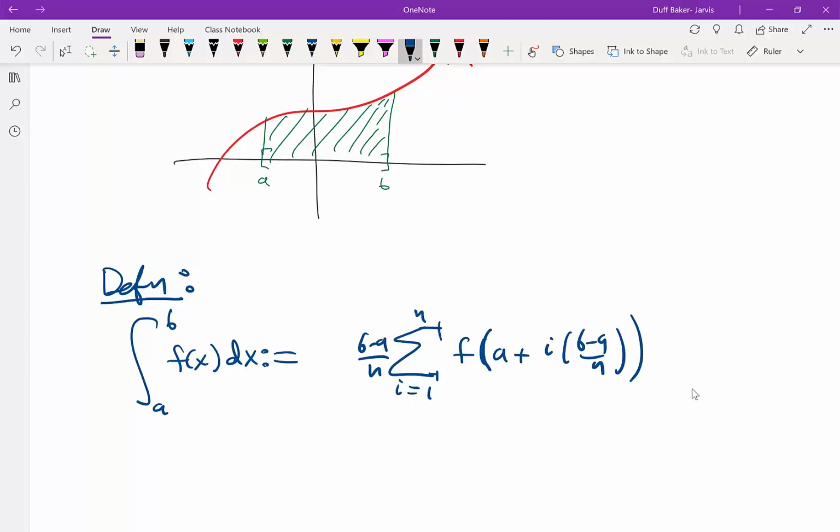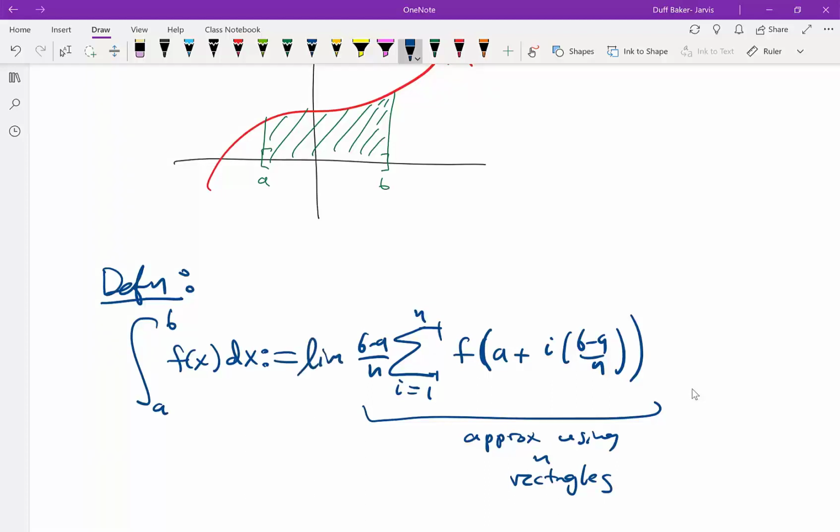So this part would be an approximation using n rectangles. And then to get a better approximation, we make the number of rectangles bigger and bigger. And to get the exact area, we send the limit off to infinity. And so this is the version we're going to stick to. So this part here comes from right endpoints. So we're always going to use right endpoints when we do this sort of thing.